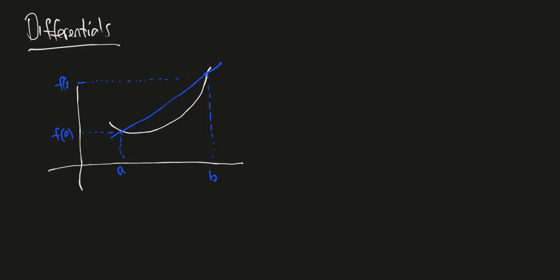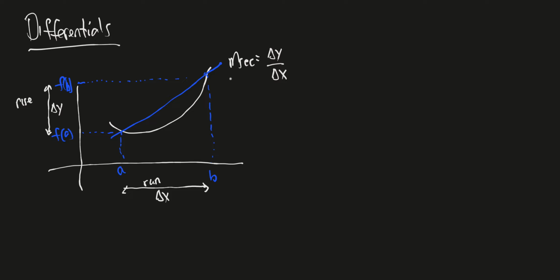And what we said was, and if you remember, we introduced this notation, what is our run? We just call that delta x. And then the rise, which is this, we'd call that delta y. And then the slope of our secant line is simply our rise over run, or delta y over delta x.